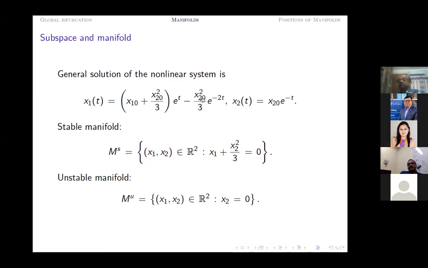And once you choose x2(0) equal to 0, the solution will be x2 equal to 0. So if you consider this particular set, the solution again lies on this line x2 equal to 0, and along this line the solution trajectory will diverge towards infinity.